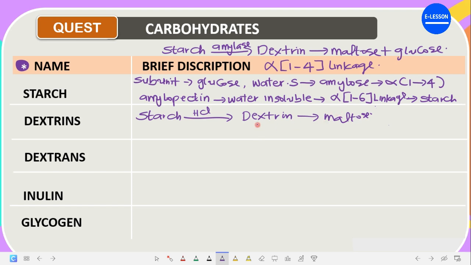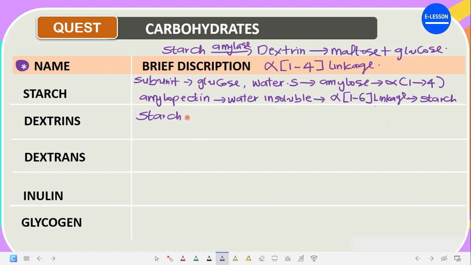Before it breaks down to give us dextrin, we have other intermediates like amylodextrin, erythrodextrin, then achrodextrin, which can be identified by iodine coloration, not Benedict's test. But I don't think you have to bother yourself with those details for now.